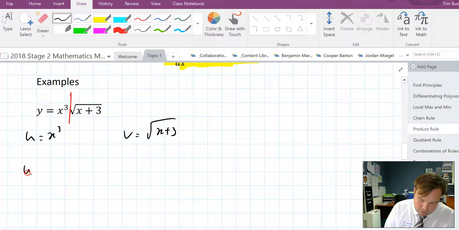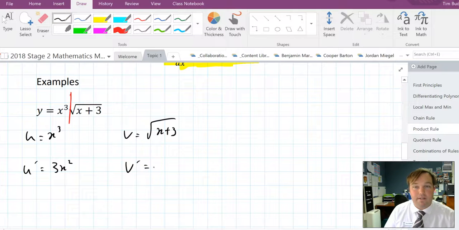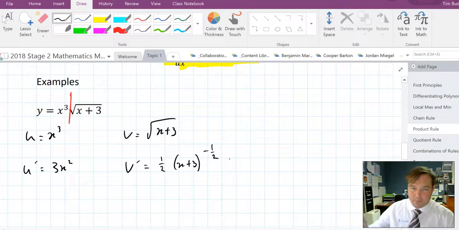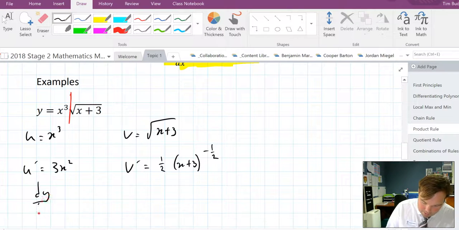U dash is 3x squared. V dash is a little harder, but if you want to use the chain rule, or if you're happy not to, it'll be a half x plus 3 to the minus a half. Chain rule throws out a 1, so it kind of disappears. So therefore, dy on dx is u dash v plus v dash u.